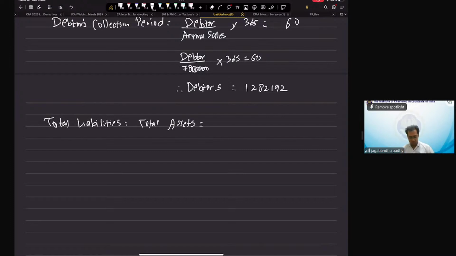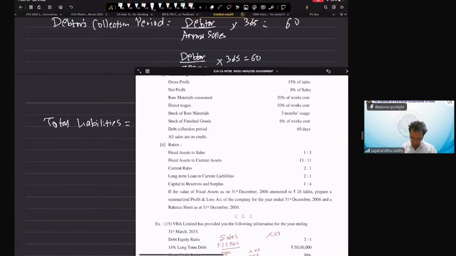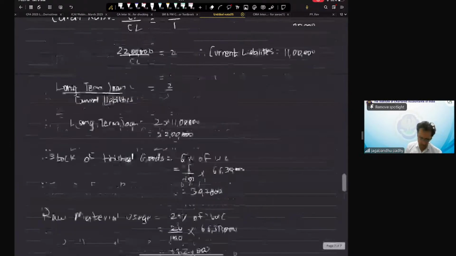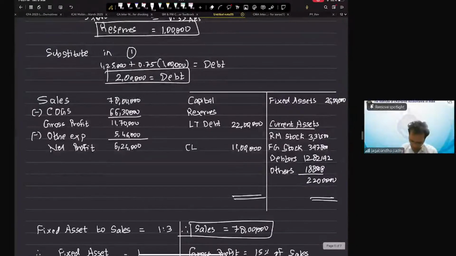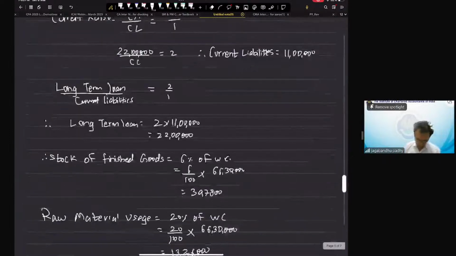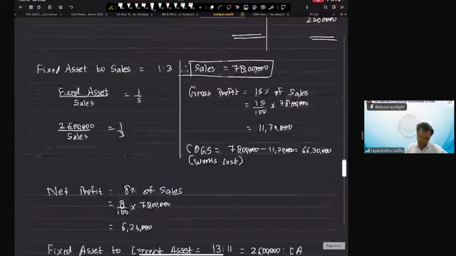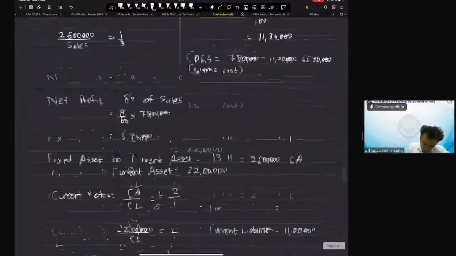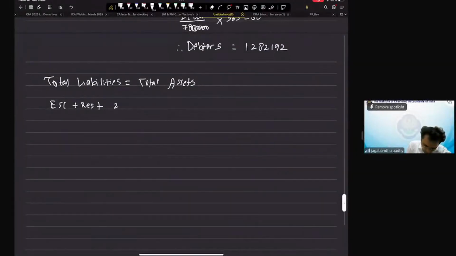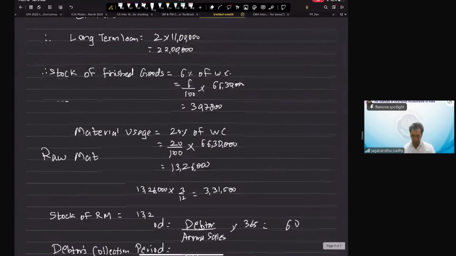Total liabilities comprise equity share capital plus reserves plus 22 lakh plus 11 lakh, which is equal to total assets.